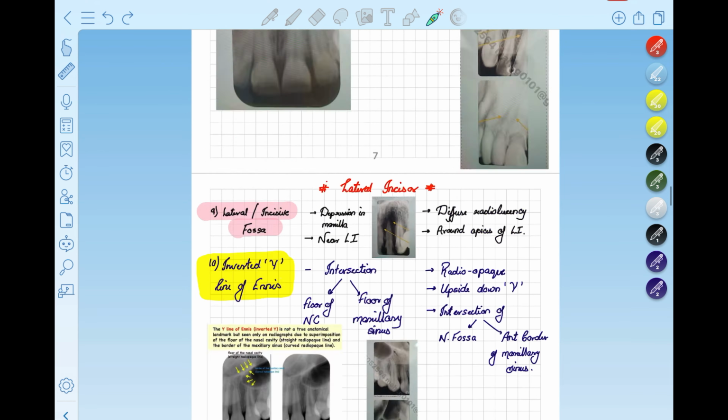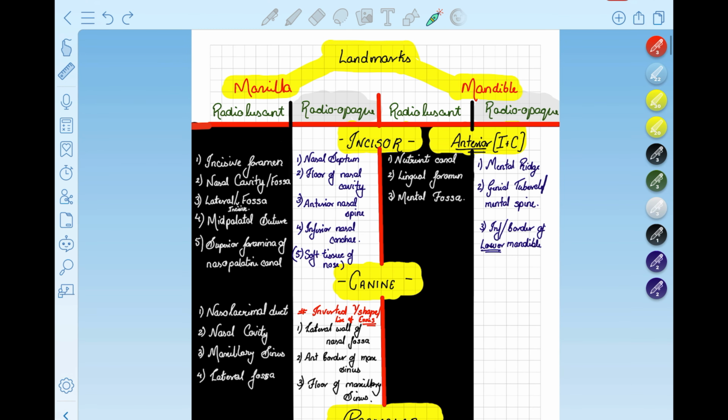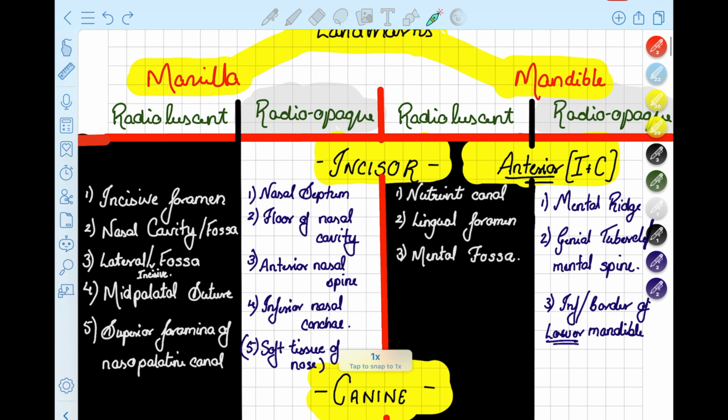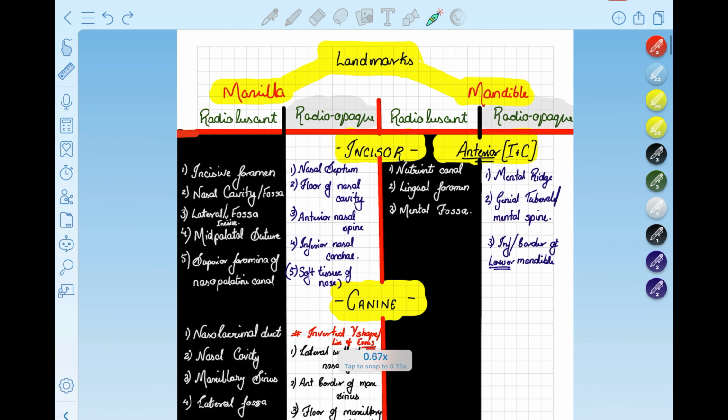To summarize, in the mandible, in the incisor and canine or anterior region, the radiolucent structures seen are the nutrient canals, which were vertical, the lingual foramen, which was located in the middle, and around it were the genial tubercles.